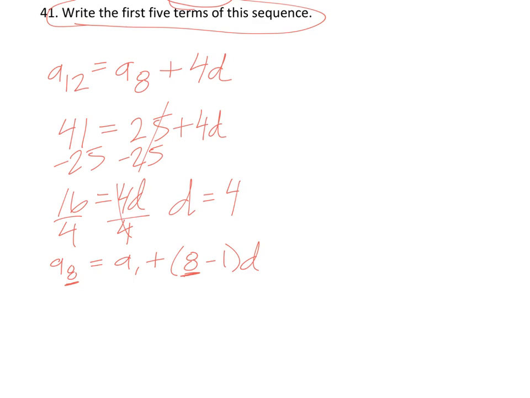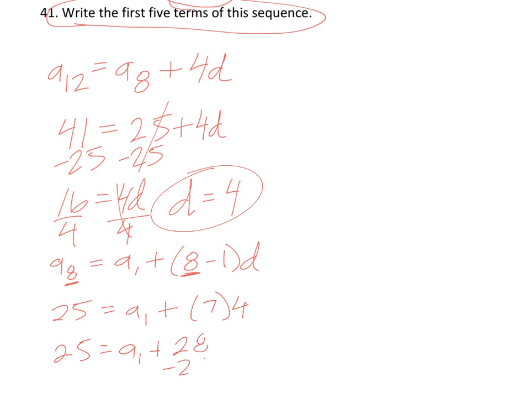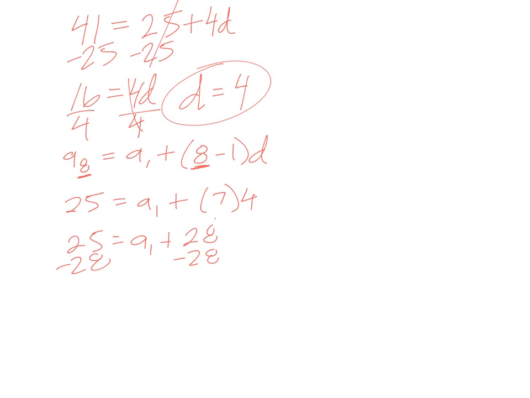So I have 25 is equal to a sub 1 plus 7 times d. d is 4, I just got that before. So 25 is equal to a sub 1 plus 28. Subtract 28, and I get a sub 1 is equal to negative 3.